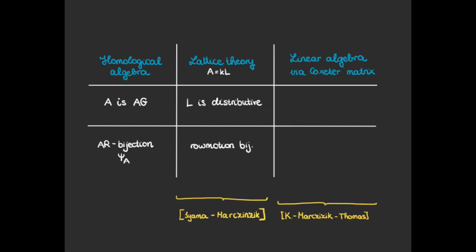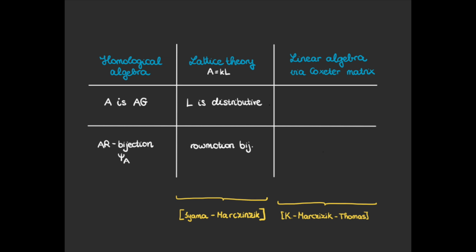Okay, so let me continue by stating a result of Iyama and Marczinzik, who investigated these homological notions for algebras which are incidence algebras of finite lattices, and discovered that these two notions have very nice lattice theoretic interpretations.